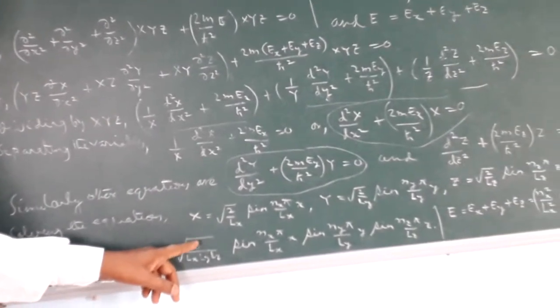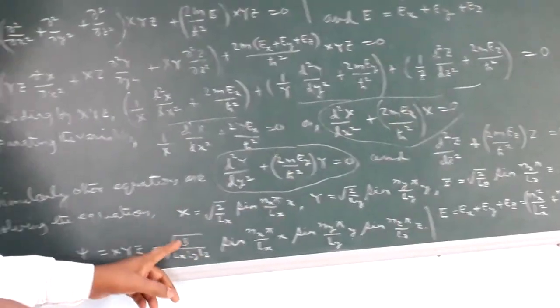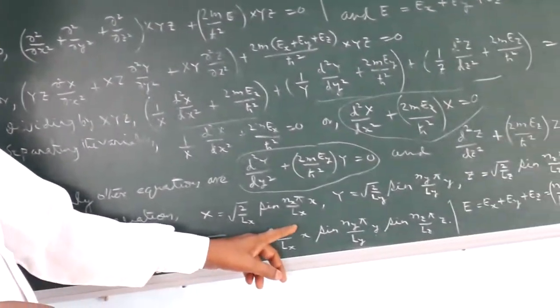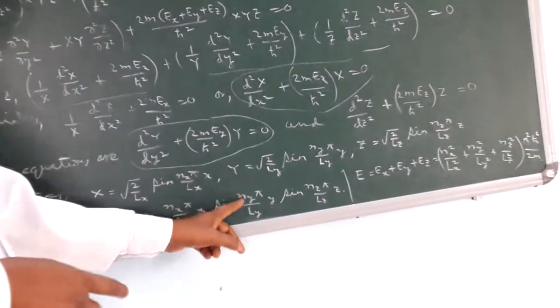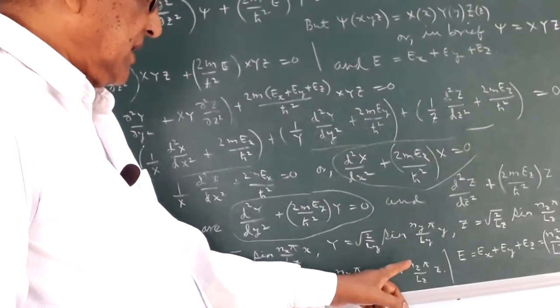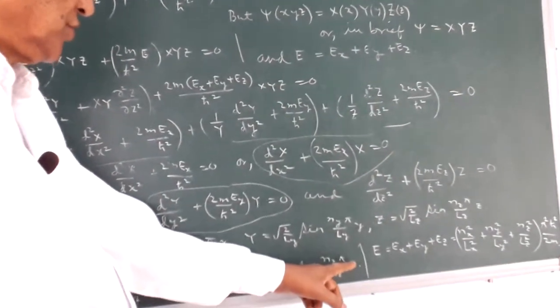So this ψ, which is a product of X, Y, Z, we can write as ψ equal to root over 8 divided by Lx Ly Lz, and sin(nx π x / Lx), sin(ny π y / Ly), sin(nz π z / Lz).